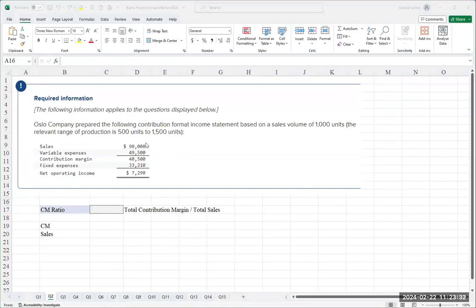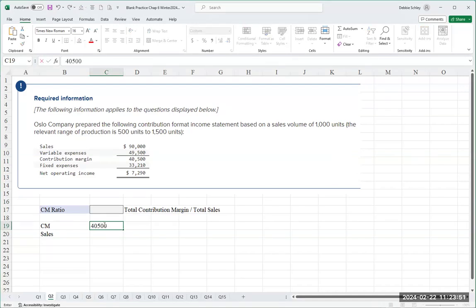All right, now I'm still that same company, but they want to know the contribution margin ratio. So right, question 1 was the per unit contribution margin. Now the ratio. So remember to do ratios, it's the part divided by the whole. So it's going to be contribution margin divided by total sales.